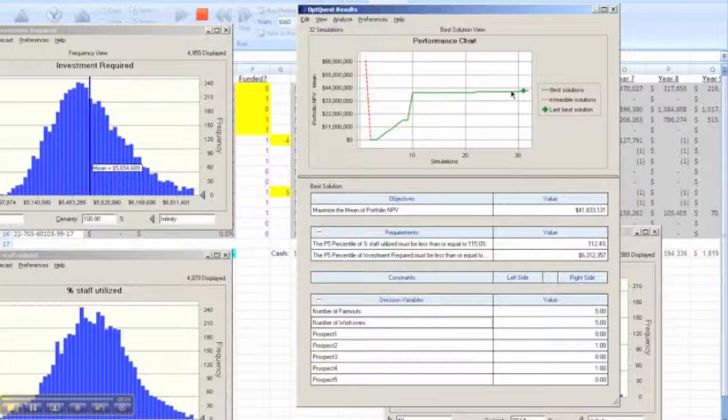So this is doing about 100,000 simulations and saying currently at the moment, it just changed again. Currently at the moment, I'm 112% optimized staff for an investment of about $6 million, and the application is going to tell me which ones I should farm out, workovers I should do, or whether I should prospect them, whether I should cap them, and so on and so forth.